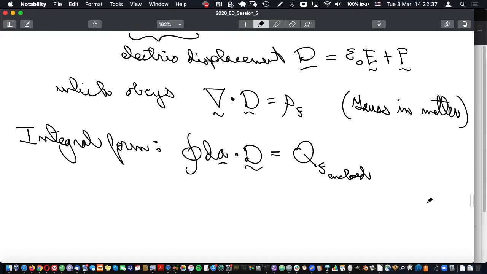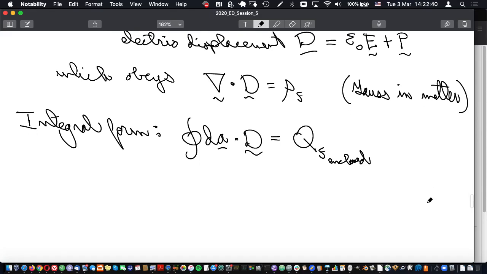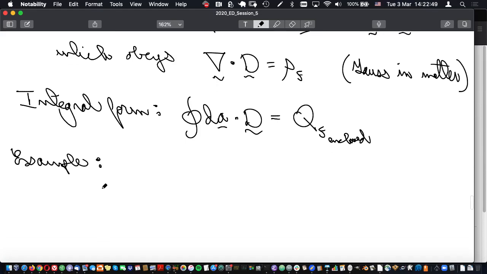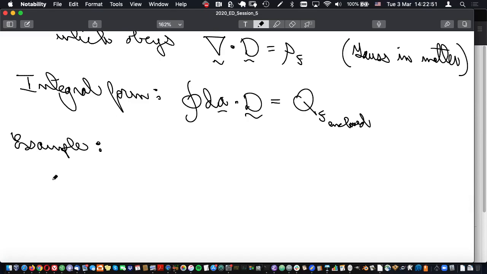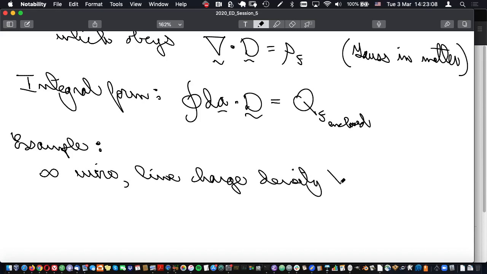So just to illustrate the utility of this, an example. What we're going to consider is an infinite wire with line charge density lambda as usual. This is really charge per unit length.